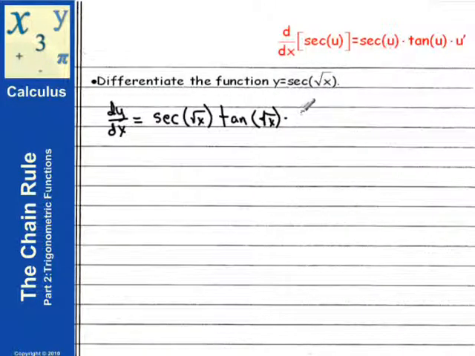And of course u is the square root of x, so we need to write down times the derivative of the square root of x with respect to x.